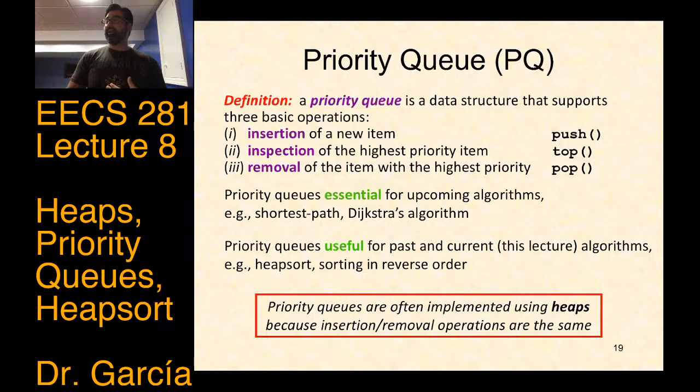Inspection, which is basically looking at the top element, and it's the top element in that it has the highest priority. That's going to be key, because what we want with a priority queue is fast access to the most extreme element, if you will. We say most extreme because remember, you can have a priority queue that's looking for the highest priority, or one that's looking for the lowest.